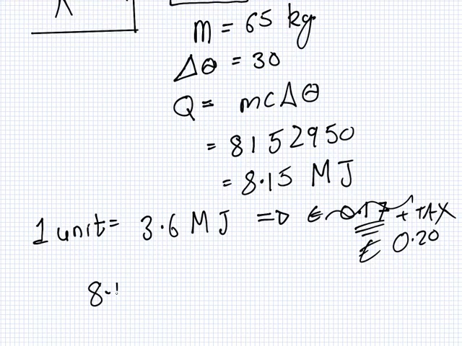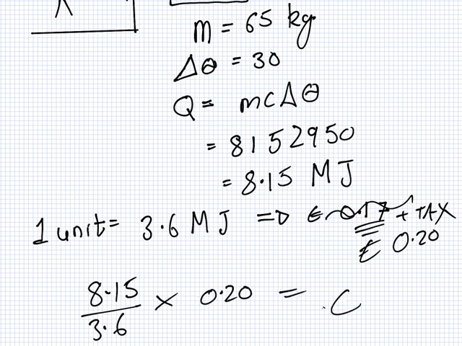It would be 8.15 over 3.6, times 0.2. So what does that come in as? 0.456.